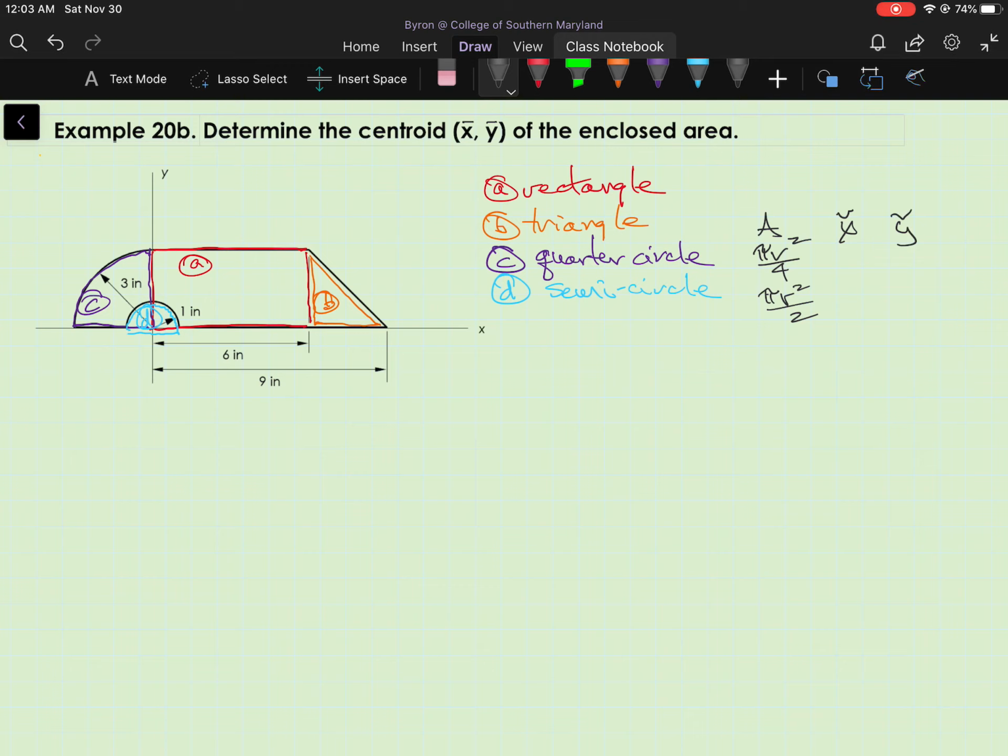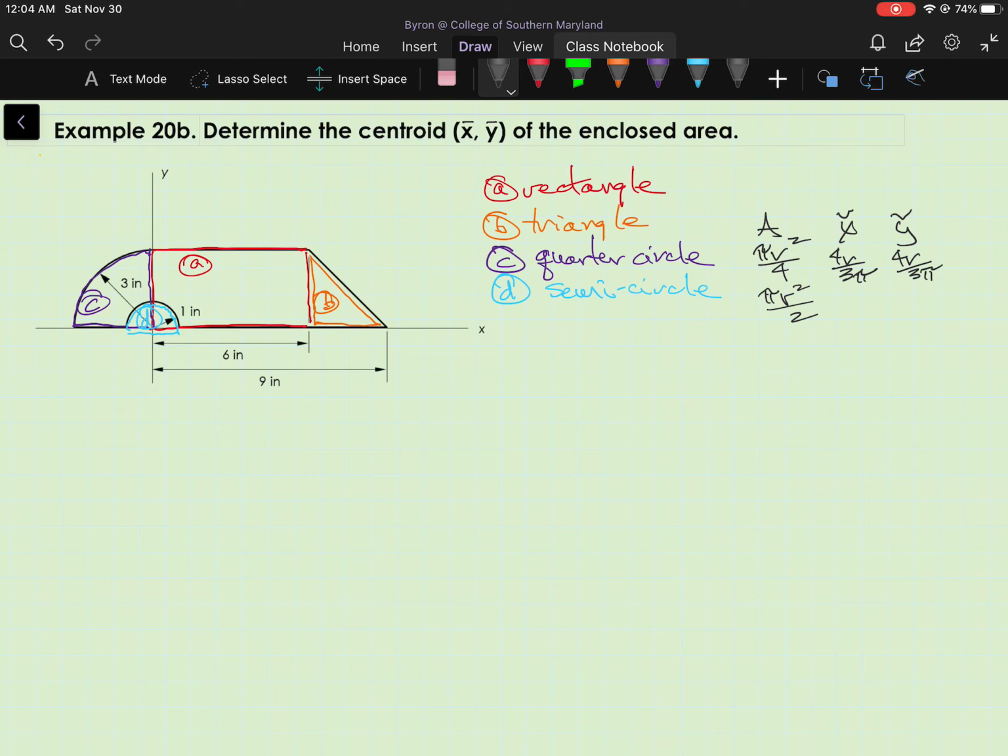So the x location of the centroid of a quarter circle is 4r over 3 pi. And again, we looked that up on the internet, in the textbook. It shouldn't be hard to find that. And it turns out that y tilde is also 4r over 3 pi for the quarter circle.